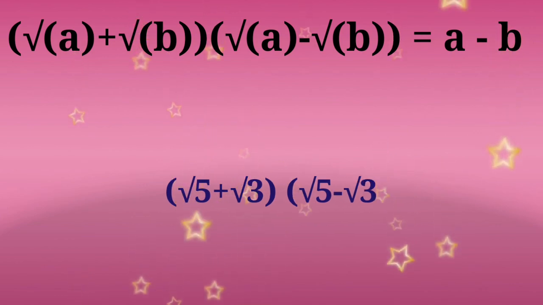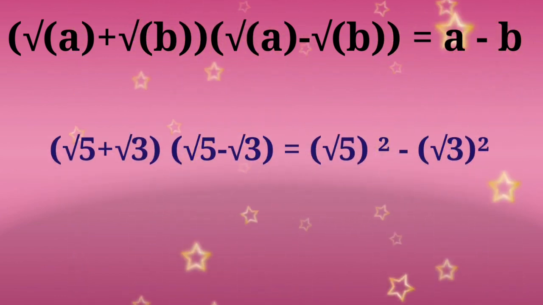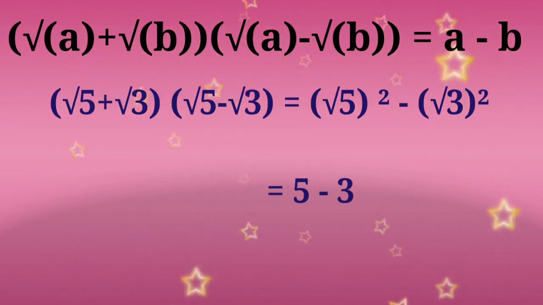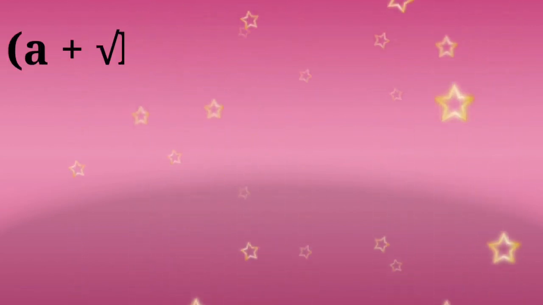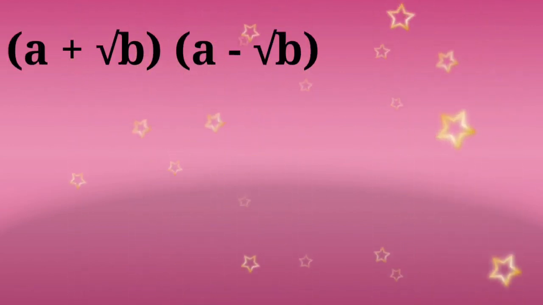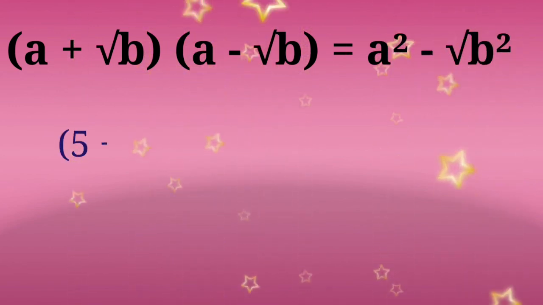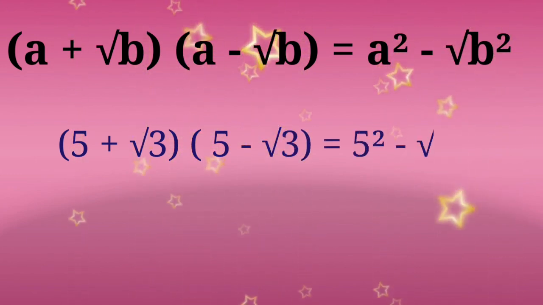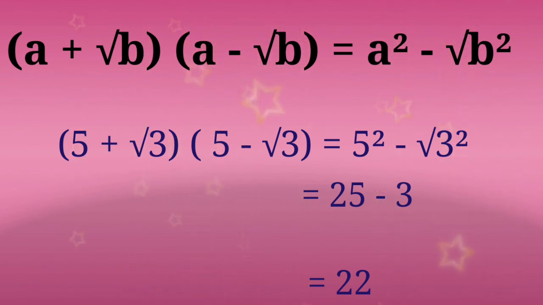Substituting values, we get (root 5)² - (root 3)². Then (a + root b)(a - root b) is equal to a² - (root b)². With a = 5 and b = 3, we get 5² - (root 3)², which is 25 - 3, which is equal to 22.